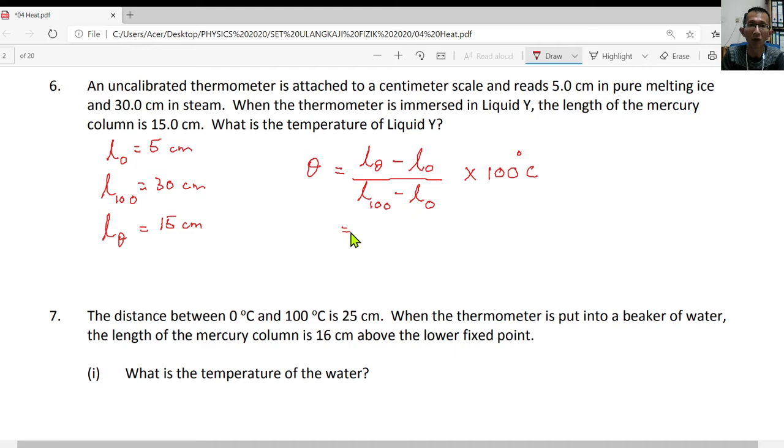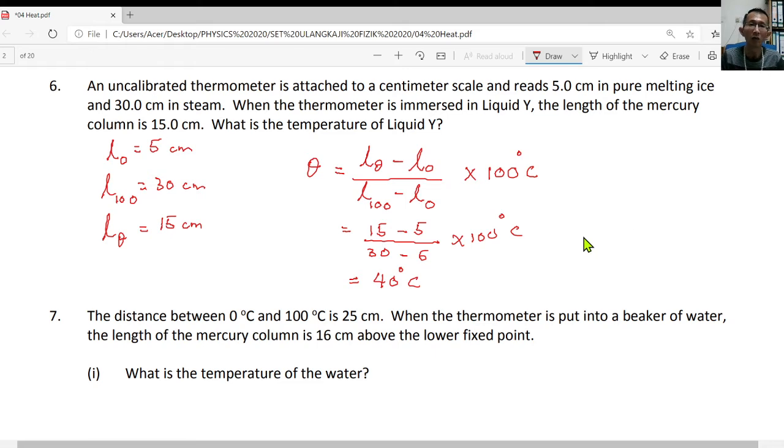So L theta is 15 minus L0, which is 5, divided by L100, which is 30, minus L0, which is 5, multiplied by 100 degrees Celsius, and you should get the answer 40 degrees Celsius. That is the temperature of liquid Y. Try to understand how we work the problem out.